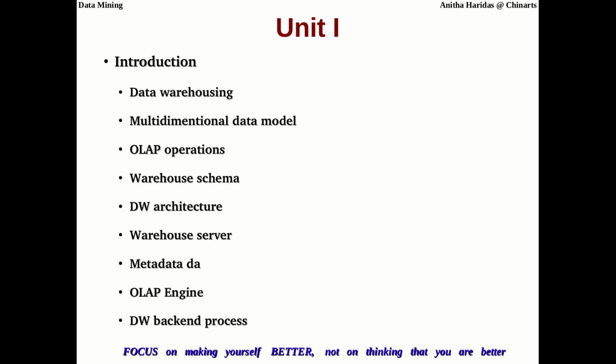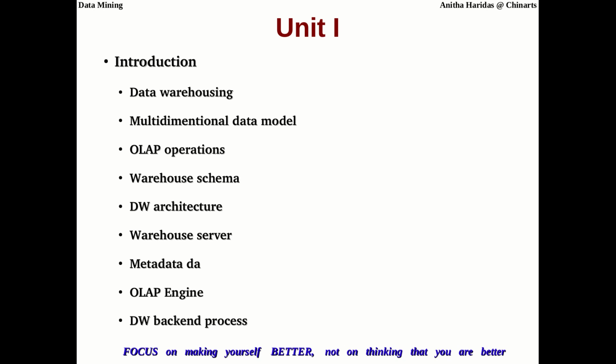In our previous sessions, we have discussed what is data warehousing. In a data warehousing, we use multidimensional data model. So we discussed what is multidimensional data model, how it is being represented as a data cube.